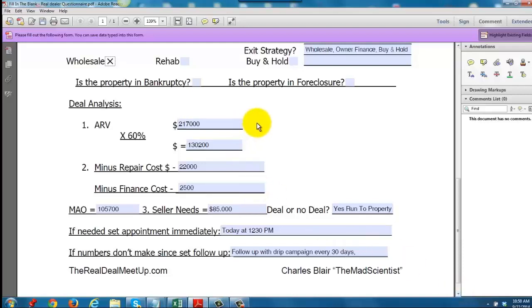I'm going to first find out whether or not the property is in bankruptcy, and like I said, whether or not the property is in foreclosure. And we already discussed why that's the case. Now, based on the answers I've got, this property is neither of those situations. So we're going to jump down here to the actual deal analysis. Okay, we found out that the properties in the area sell for around $217,000, and we're going to use the ARV of 60% loan to value.